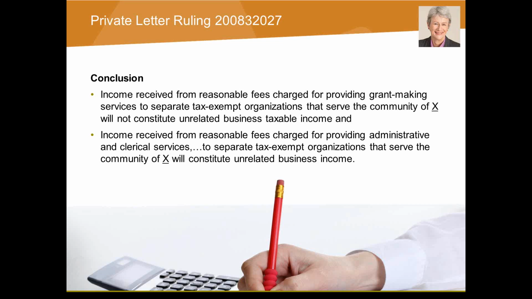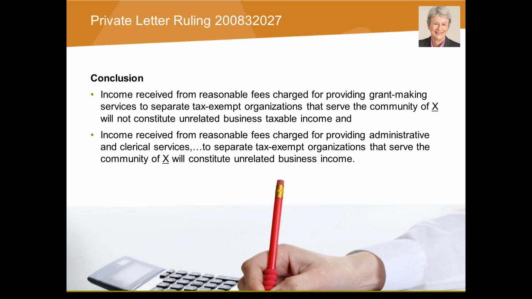In the analysis, the IRS did indeed divide the 9 services that the Community Foundation was proposing into 3 categories. The grant-making support and training was one category, and then there was an administrative category and a clerical services category. So not surprisingly, the IRS held that the income received from the reasonable fees charged for providing the grant-making services would not constitute unrelated business income, and the income received from reasonable fees for the administrative and clerical services would be UBI.